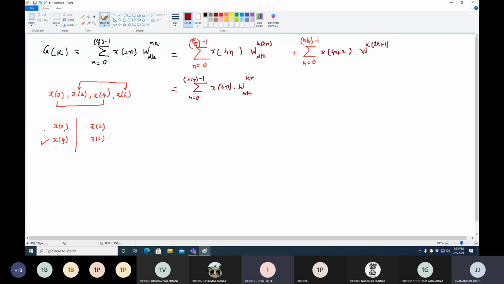Yes, x of n by 4 raised to kn. And similarly, what about this term, x of 4n plus 2, then w n by 4 raised to kn into w n by 2 raised to k? Yes, w n by 4 raised to kn into w n by 2 raised to k.